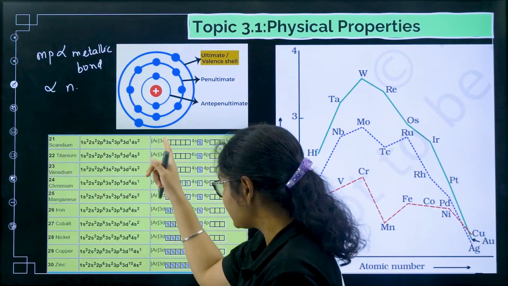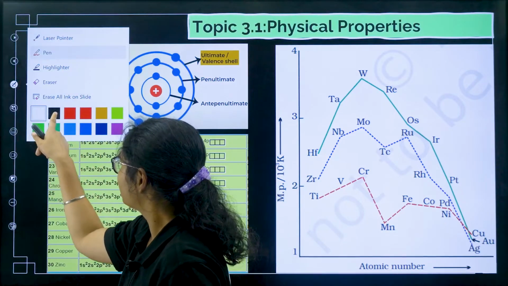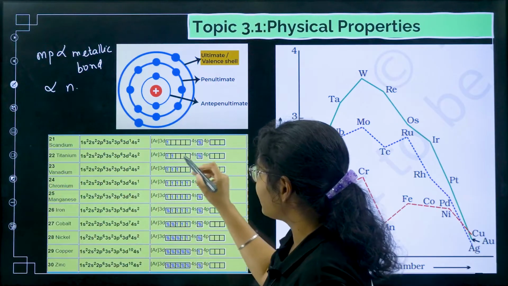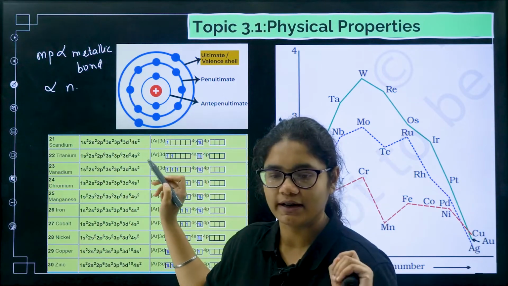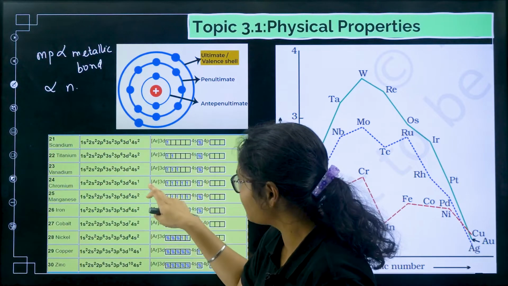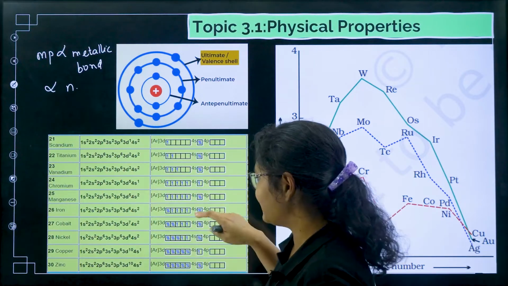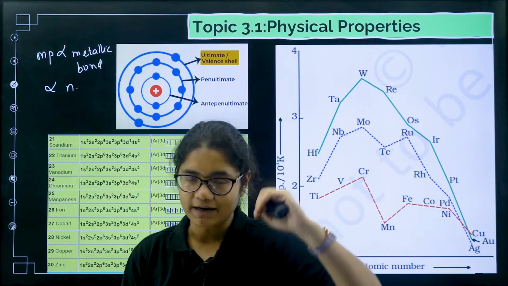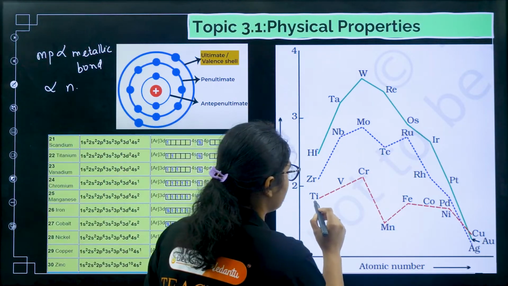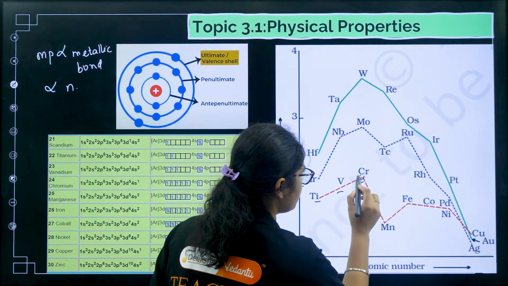Now, if you see in this particular series, scandium, titanium, vanadium, you see the number of unpaired electrons. In scandium there is 1 electron, then in titanium there are 2, in vanadium 3, chromium 5, right? So the number of unpaired electrons is increasing, metallic bonding will increase. That is why the melting point was increasing up to chromium.